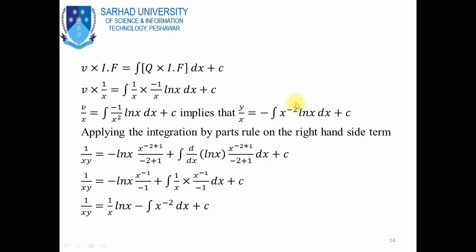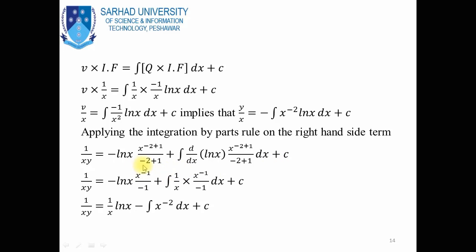Now integrating by parts, using the by parts formula to obtain the integration of this product, we obtain 1 over x times v is equal to minus natural log of x, first, times integration of second, plus the whole integration of the derivative of first times integration of second, plus c.